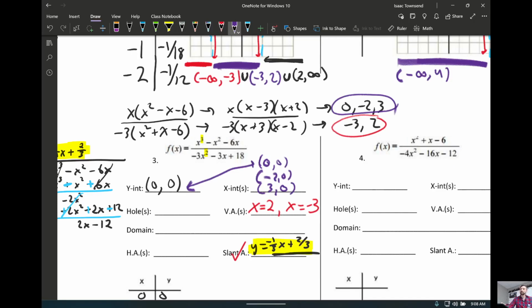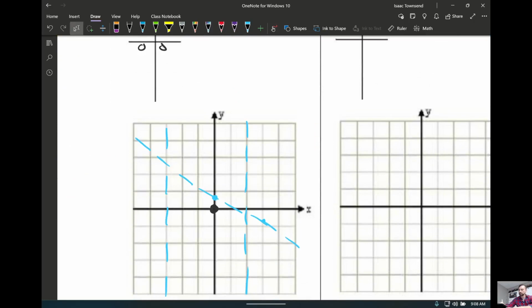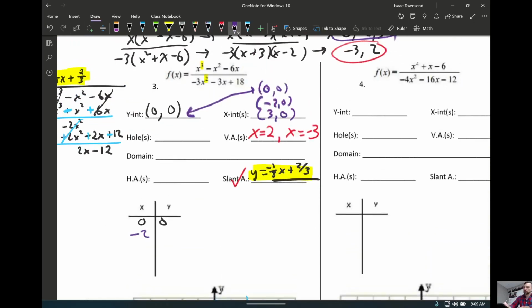I already had this point, but I could plot (-2, 0) and (3, 0). And again, we don't need a million points to be able to graph these, so any points we're getting is good news. Of course, if you were asked to make a table on the test, feel free to use these points that you're finding. Add them to the table.